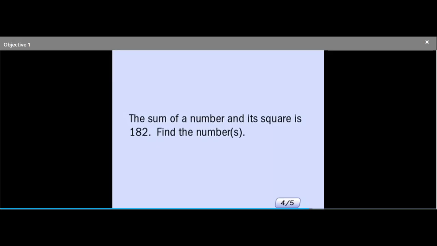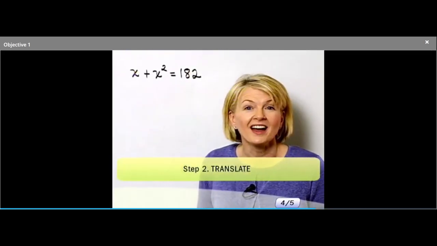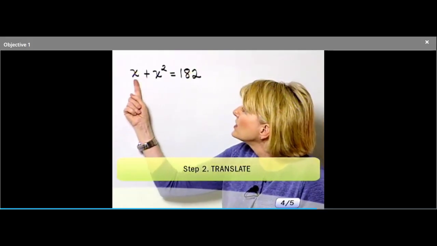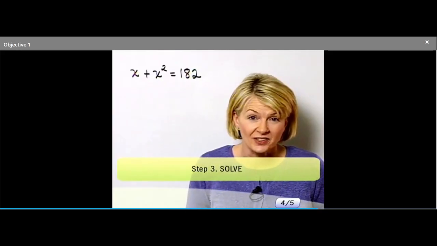We'll let x be our unknown number, the sum of, and this is our unknown number, and its square is 182. Find the number or numbers. Can you see that this will be our translation to an equation? The sum of a number and its square is 182.